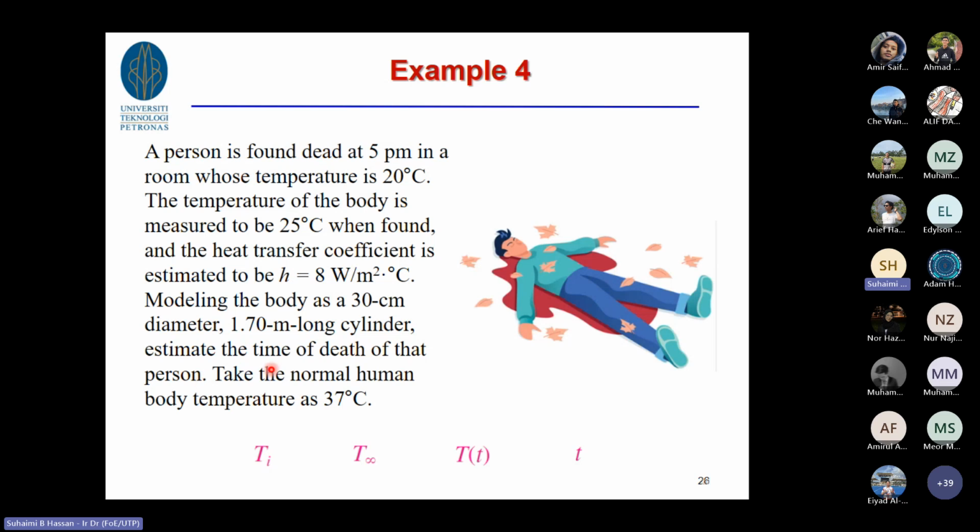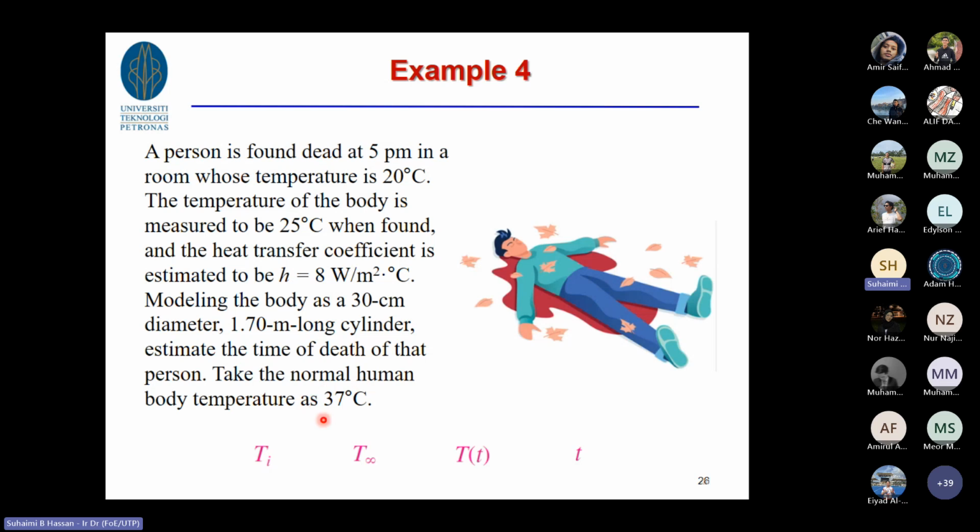So they found the body at 5 p.m. When they found it, the temperature of that room is 20, which is the ambient. The temperature of the body when they found it is 25. Okay, this is the final temperature, TT. Take the normal temperature as 37.